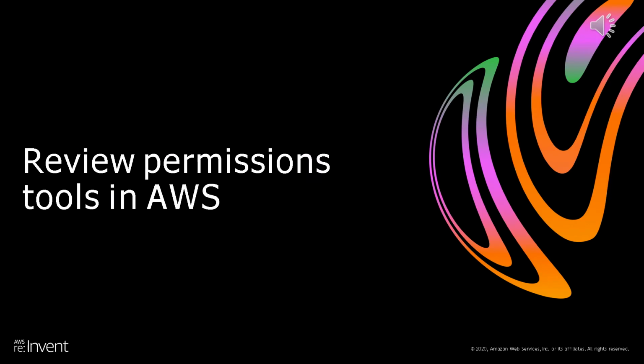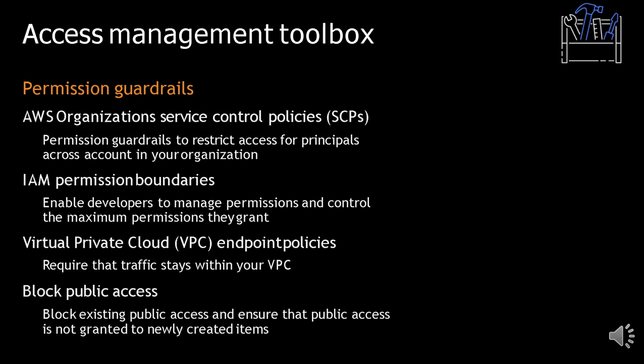Now that we went over the AWS permission model, let's talk about some tools that can help you implement that model in AWS. For permission guardrails, here are some of the tools that we can use. Starting off with service control policies, which restricts access for all principals across your accounts. Then we go into the account and we have IAM permission boundaries.